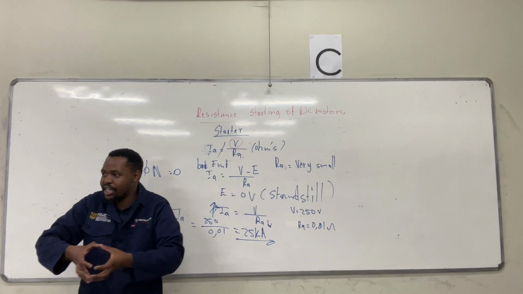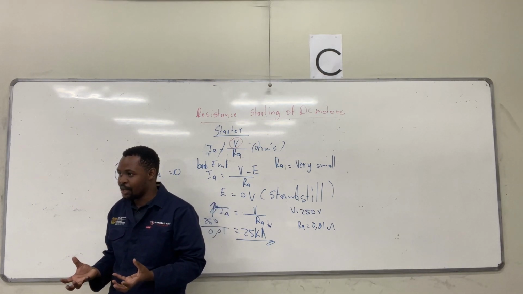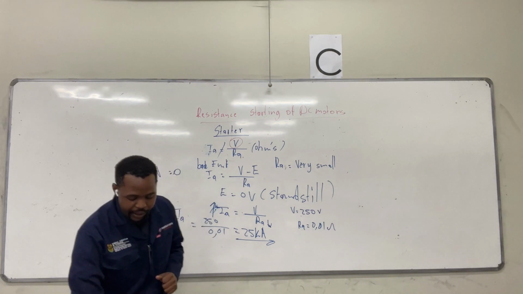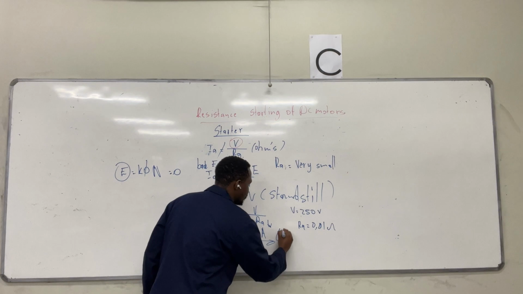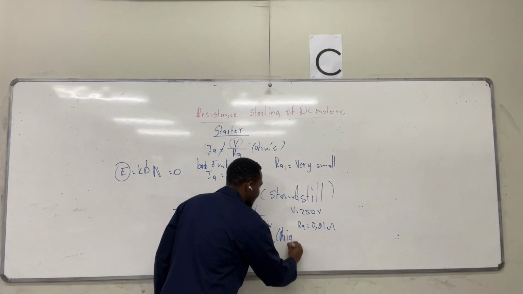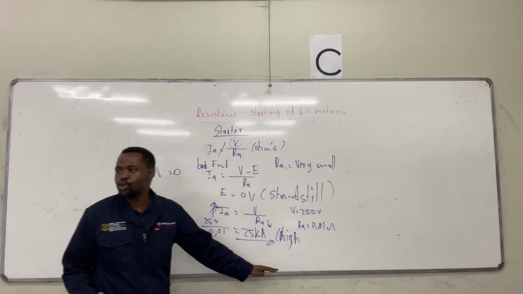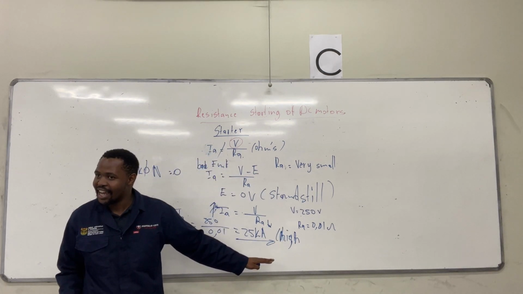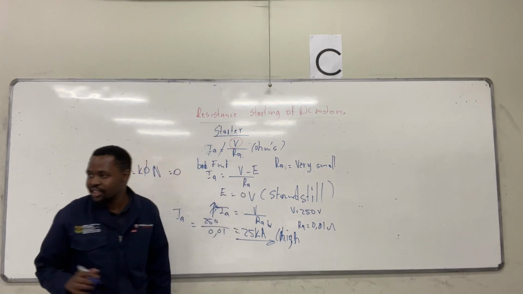So we need to reduce this high starting current. That is why DC motors have a high starting current, because the back EMF is zero.